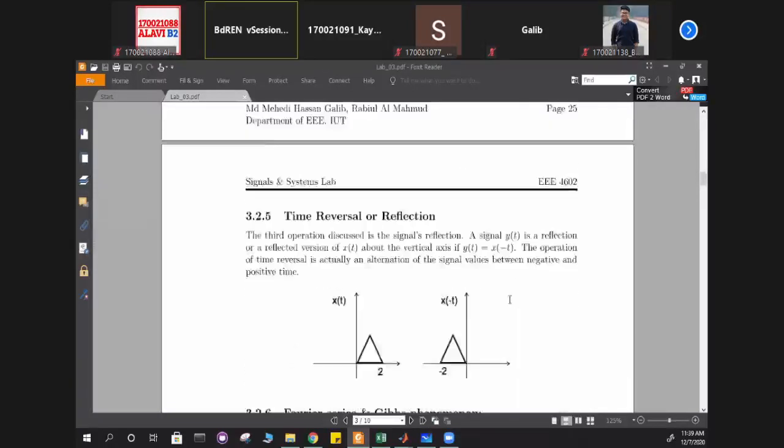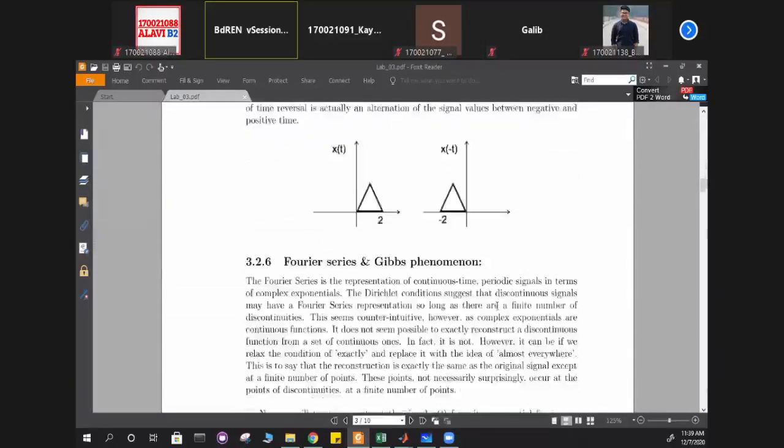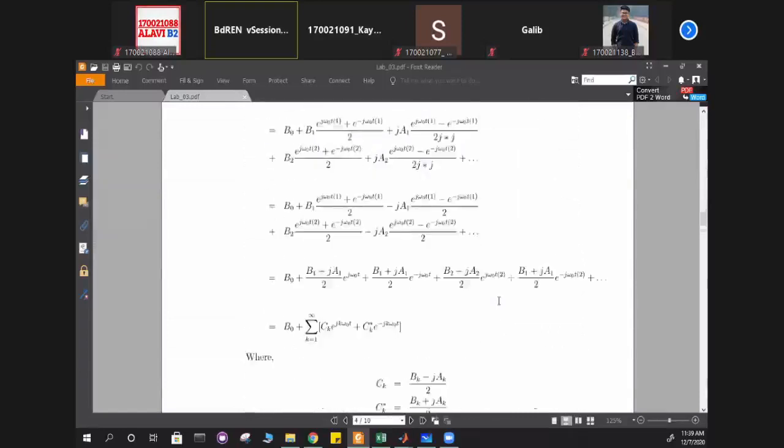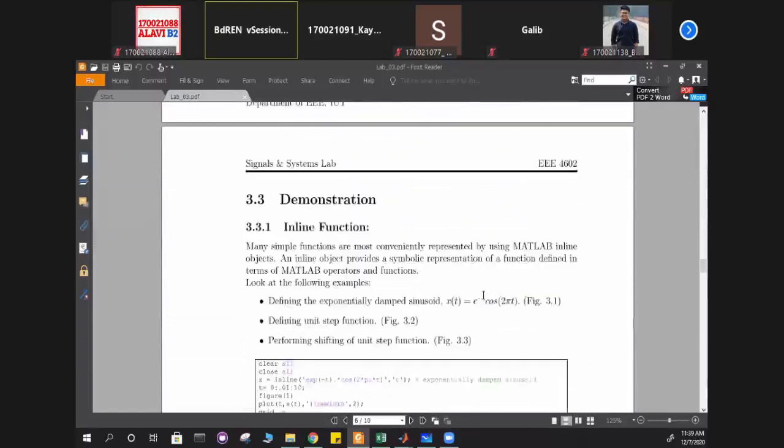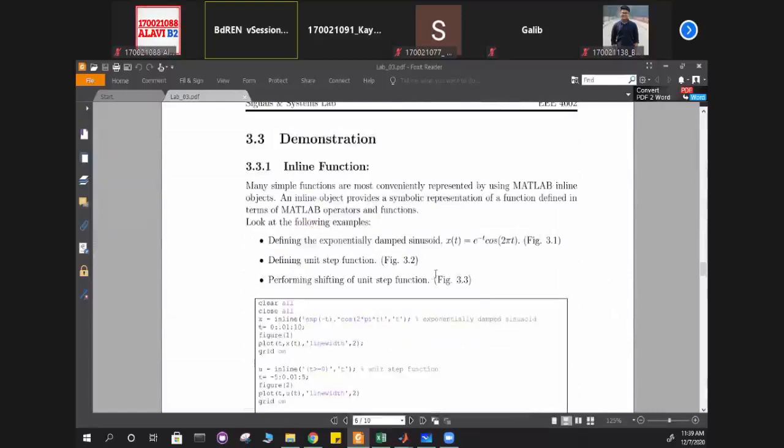So these are the theories that will be needed to do the operations. Now we have two signals that we will try to represent. If you have the equation for any signal, then you can represent it in MATLAB and also do the operations.